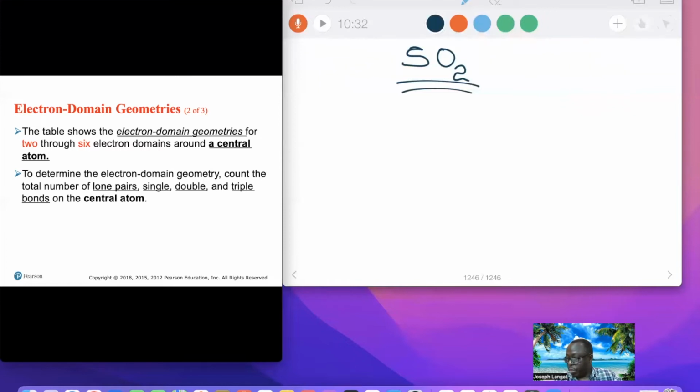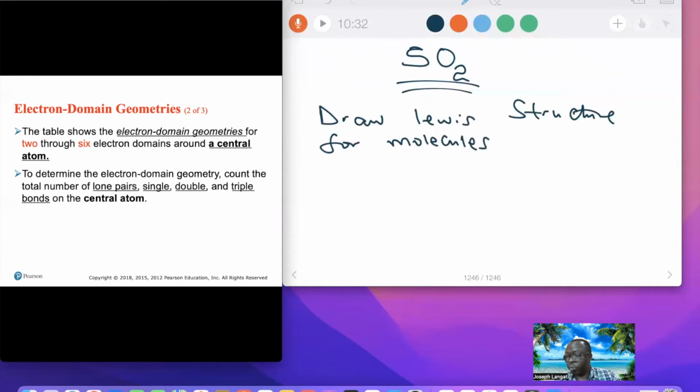First of all, you need to draw the Lewis structure for the molecule. In this case, we're going to have only sulfur dioxide. Sulfur is in group 6, oxygen is in group 6, and we have 2 of them.